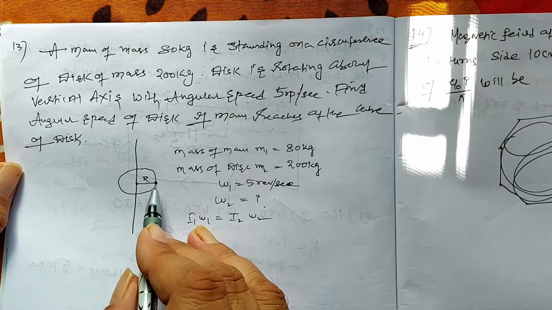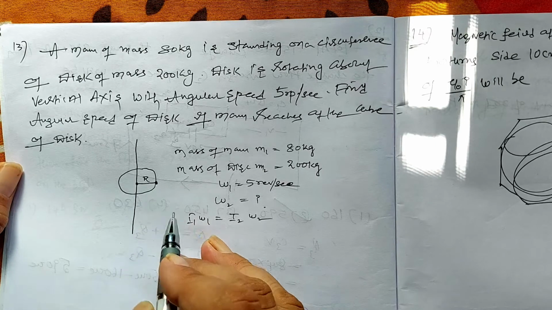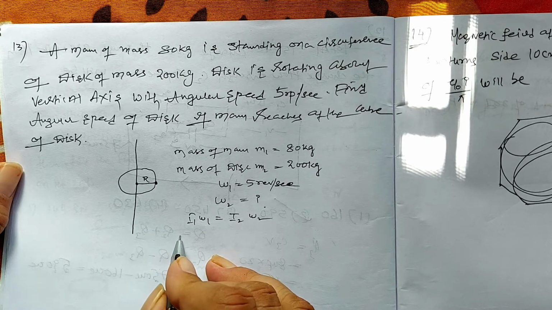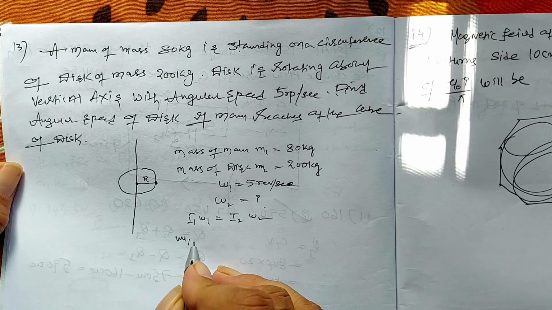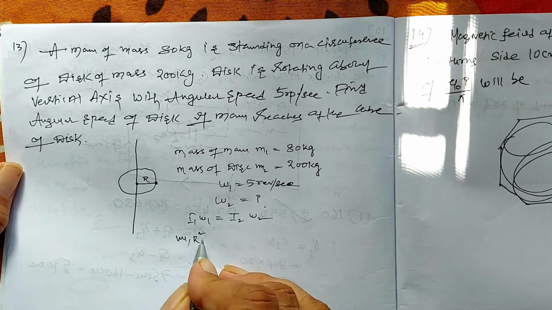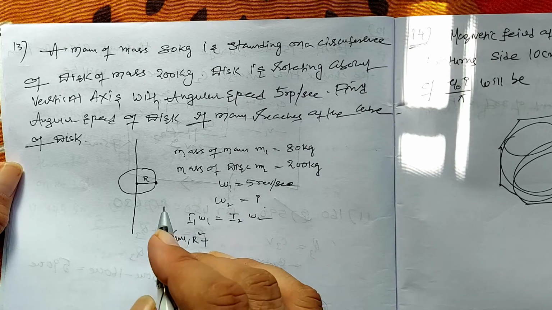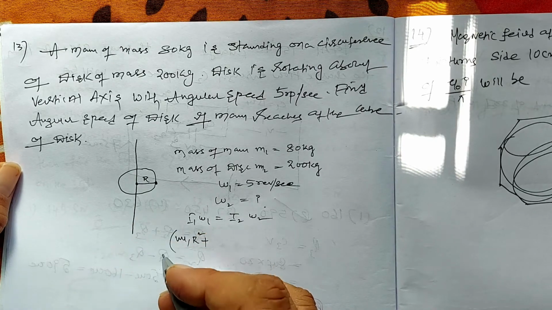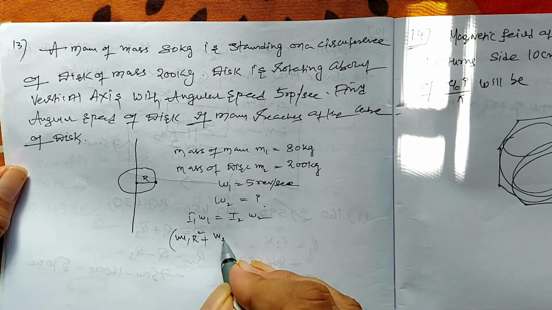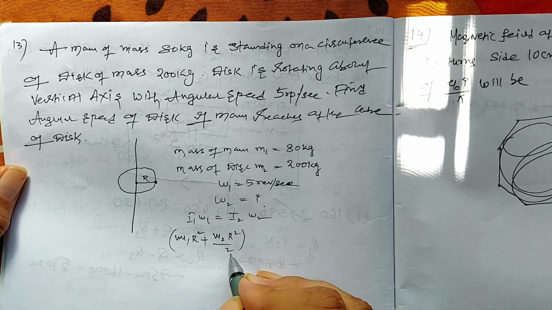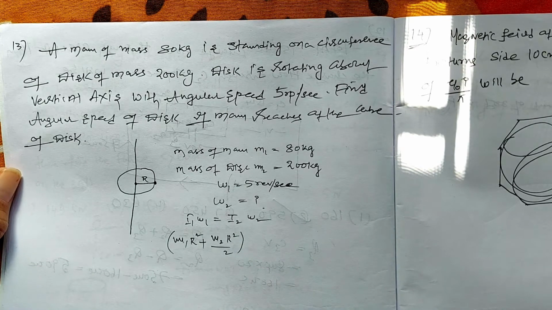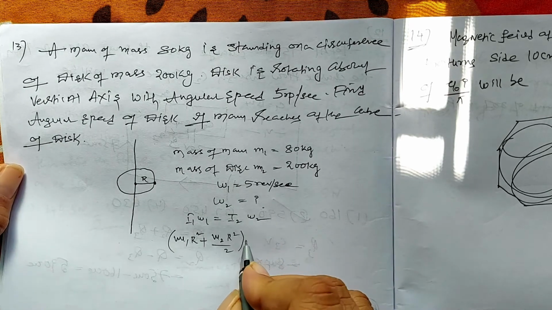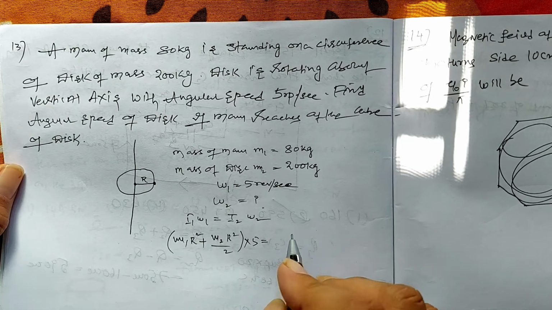Initial angular momentum. Initially, the man is standing at the edge of the disc. So, the moment of inertia I1 is equal to moment of inertia of man, m1 r square, plus moment of inertia of disc about diameter, m2 r square by 2, into omega 1, which is 5, is equal to I2.